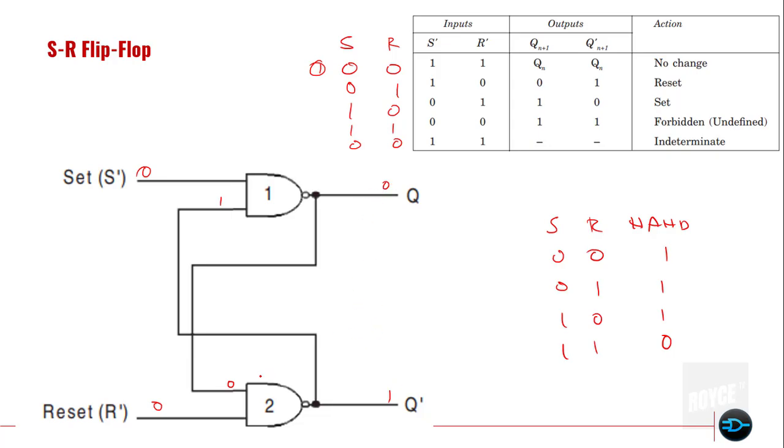Okay, it landed here: the 0 at the bottom, 1 at the top. Now, 0 NAND 1 is 1. 0 NAND 0 is also 1.